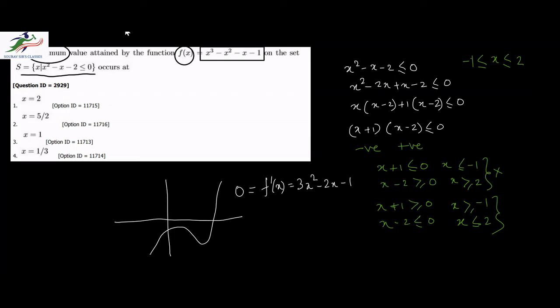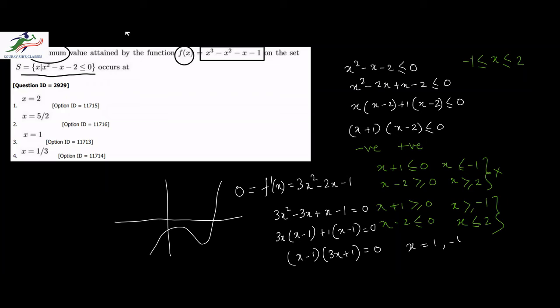So that means 3x² minus 3x plus x minus 1 is equal to 0, or 3x into (x minus 1) plus 1 into (x minus 1) is equal to 0, or (x minus 1) into (3x plus 1) is equal to 0, which means x is equal to 1 or minus 1 by 3.